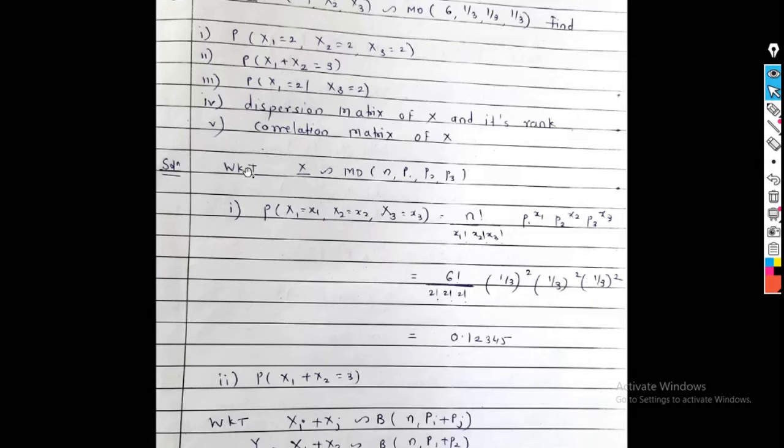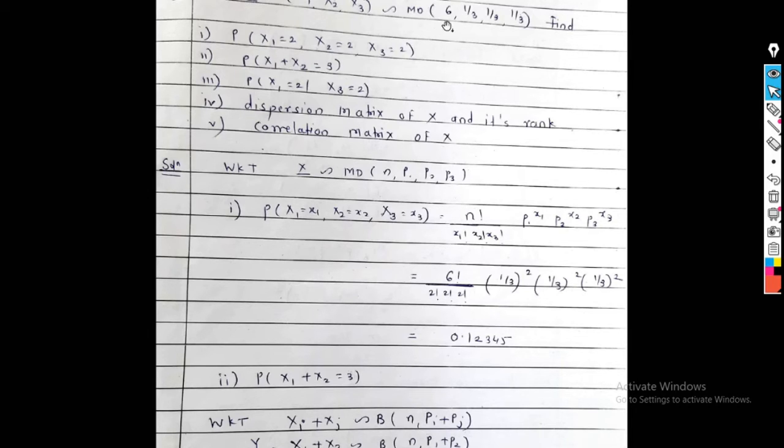So the solution is, we know that vector x follows a multinomial distribution with n, p1, p2, p3. The PMF of the multinomial distribution is given by n factorial divided by x1 factorial into x2 factorial into x3 factorial, into p1 raised to x1, p2 raised to x2, and p3 raised to x3. First we calculate the probability of x1 equal to 2, x2 equal to 2, and x3 equal to 2.